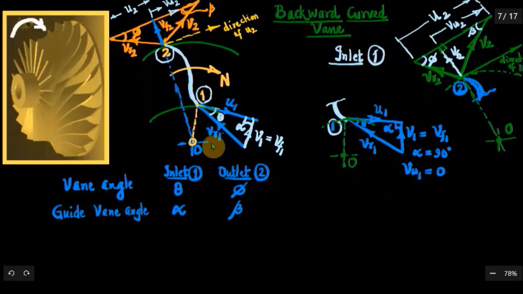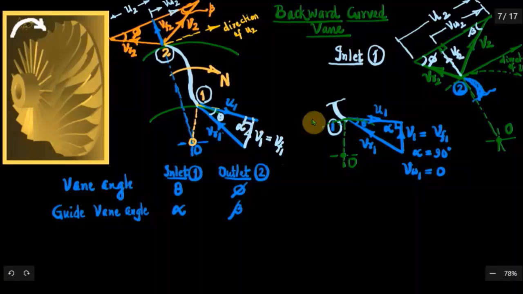So we have 1, and already you know that the flow velocity at inlet is axial, as it is axially entering. So that's how it is shown, and we are familiar with it. I need not repeat the very same concept again and again. So V1 is the axial velocity, the velocity of flow, and since the flow is axial, the tangential velocity of the fluid at inlet is 0.